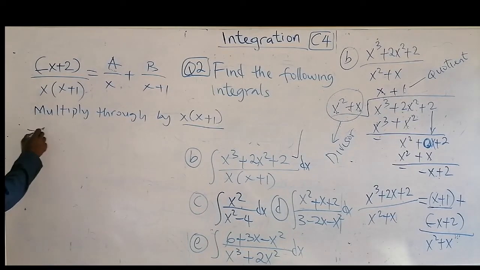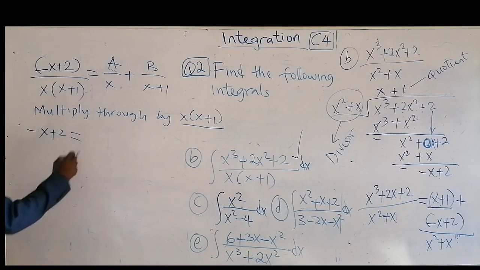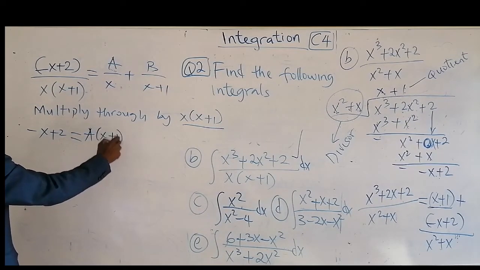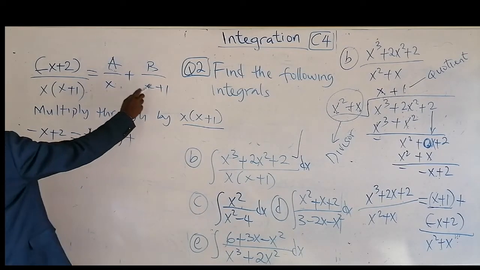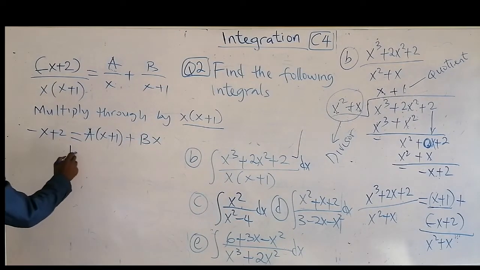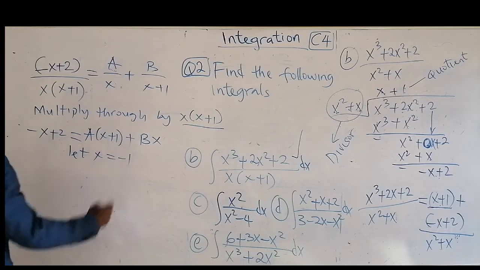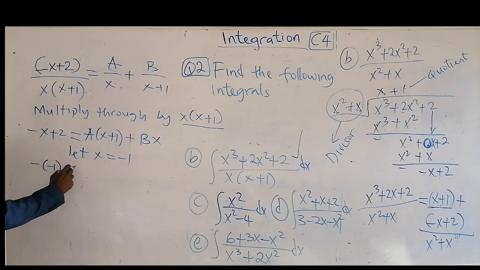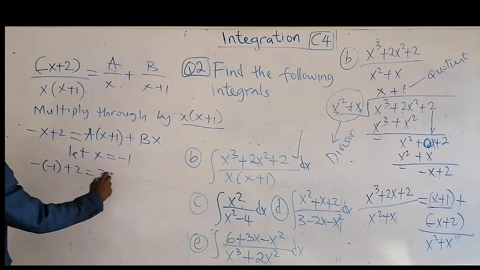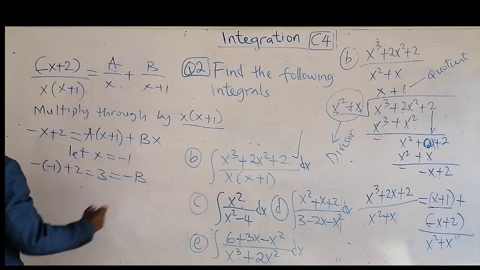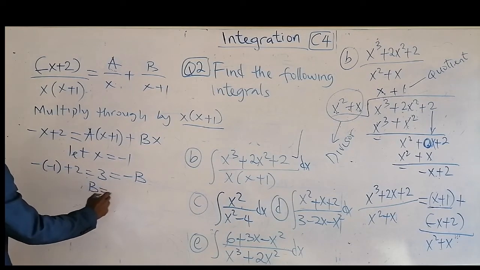You have minus x plus 2 equal to A times x plus 1, plus B times x. So let x be minus 1. We have minus of minus 1 plus 2, which is 3, equal to minus B. So B is minus 3.